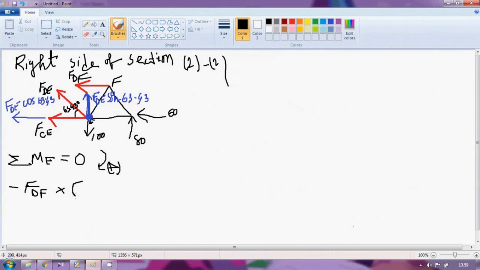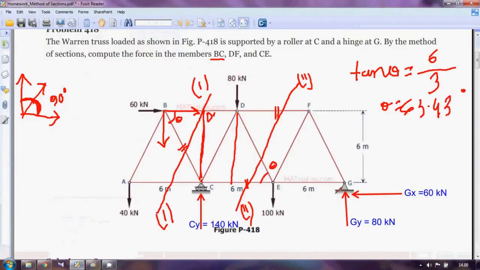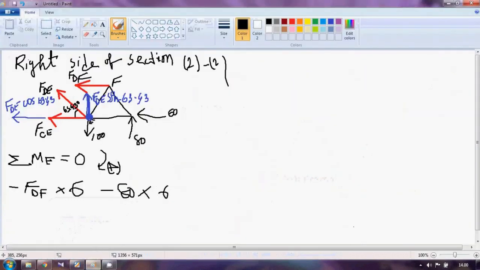What about this 60 kilonewton? It will not give me any moment because it is passing through the E point. What about 80? It will give me an anti-clockwise moment, which is minus 80 into 6. Any more forces that give me moment? No. So equals to 0.